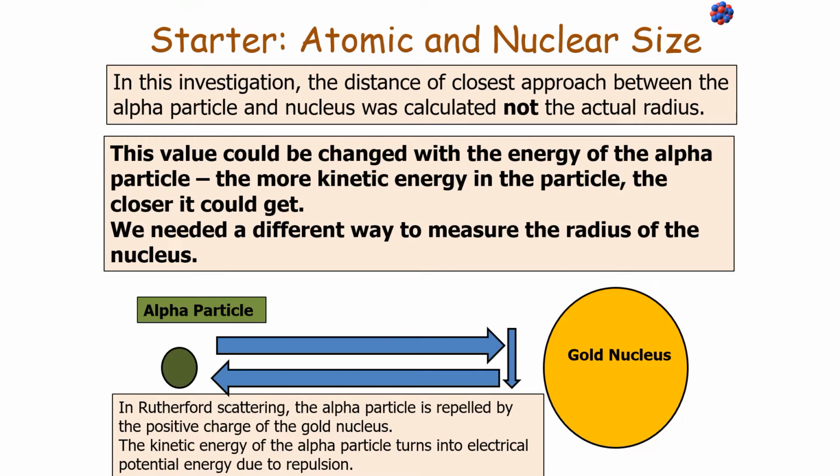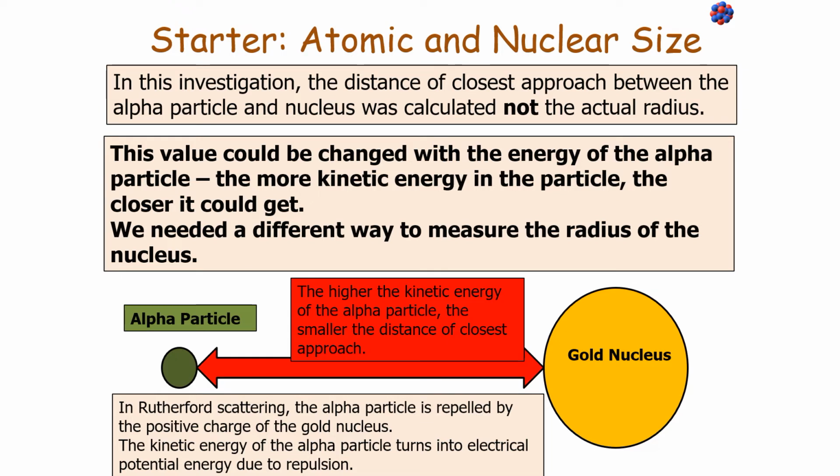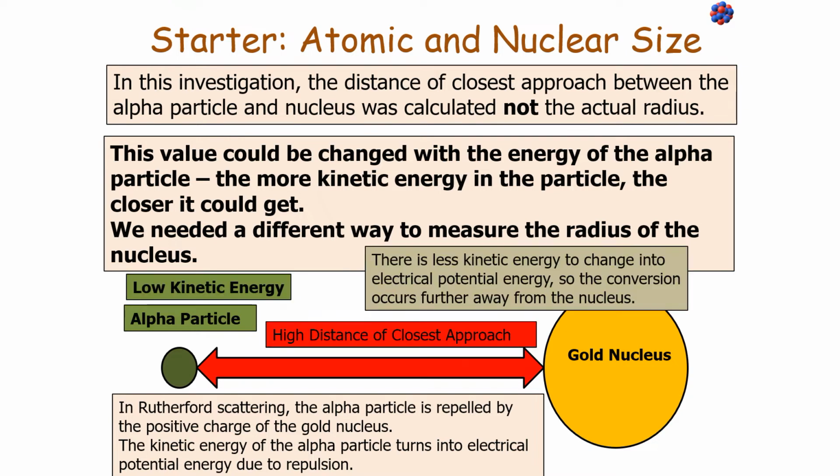So we need a different way to measure the radius of the nucleus, because if we have a higher kinetic energy in our alpha particle, the distance of closest approach will be smaller. You get a large distance of closest approach if you've got a low kinetic energy in your alpha particle, because there's less kinetic energy to change into electrical potential energy, so the conversion occurs further away from the nucleus.